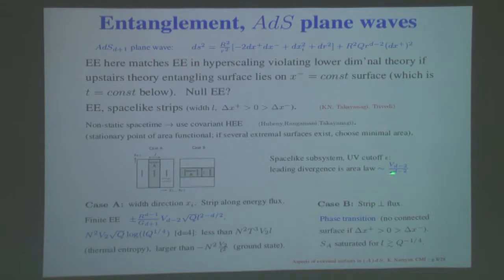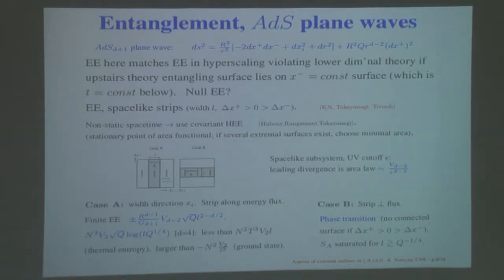Okay, so this is the usual area law that we see. The leading divergence is proportional to the area of the interface in units of the cutoff, epsilon. There's a subleading finite cutoff independent part, which is like that, which can be estimated to be that. This just follows from the bulk entanglement area integral, and you can see that there's a finite cutoff independent piece that you can extract out.